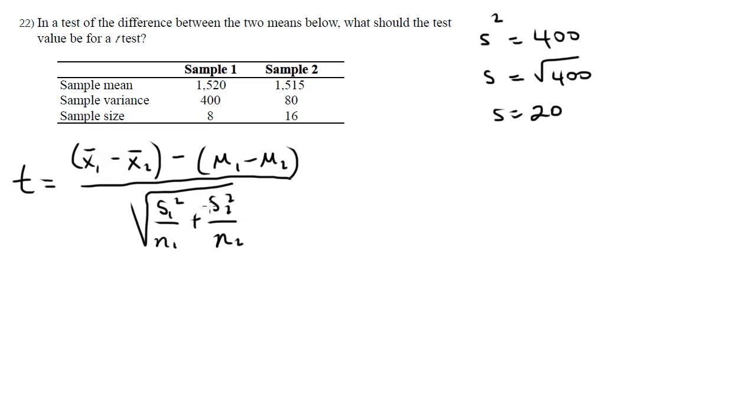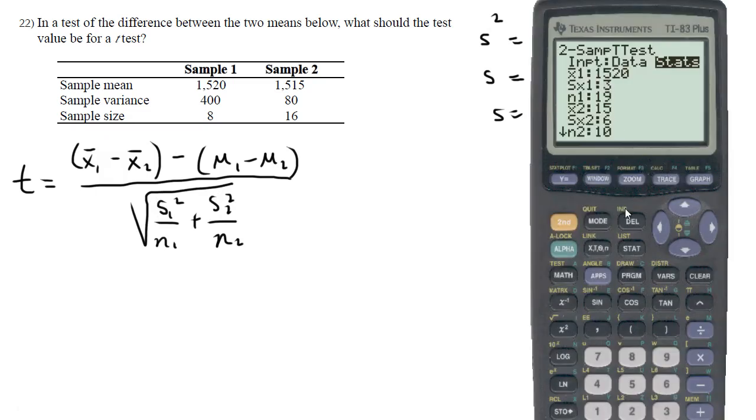So we can just throw the variance in each of these and we'll be good to go in terms of the formula. If you're putting it into the calculator, I need this. You can even just put in the square root of 400 in there if you don't want to do the separate calculation. N1 is 8. Sample mean 2 is 1515.